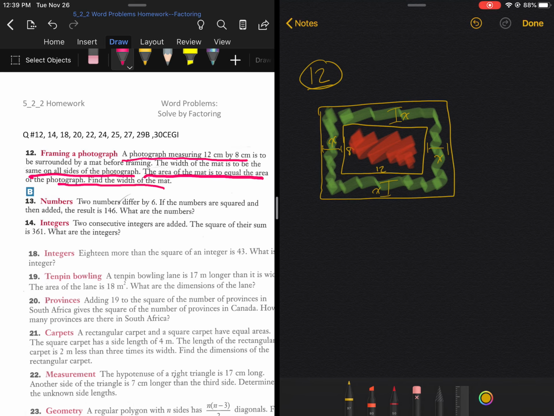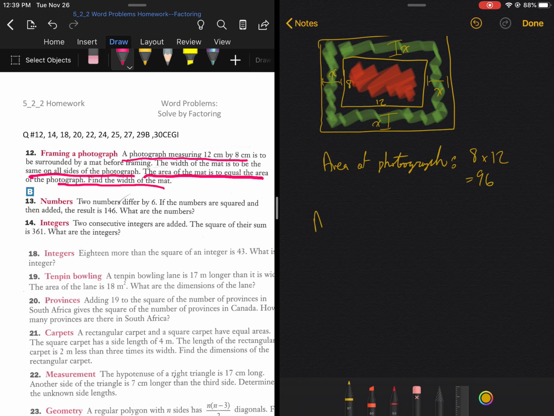So what's the relationship here? Well, we know that the area of the mat is equal to the area of the photograph. So area of photograph is 8 by 12, which is equal to 96.